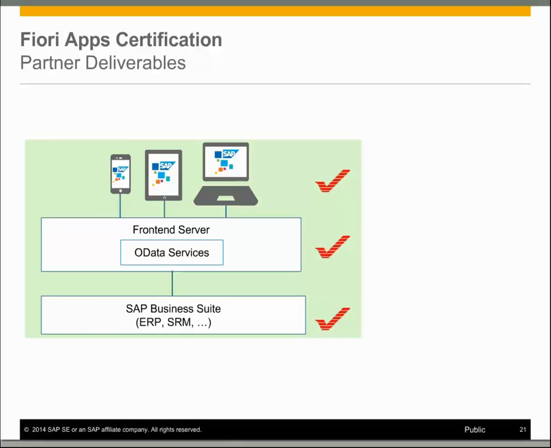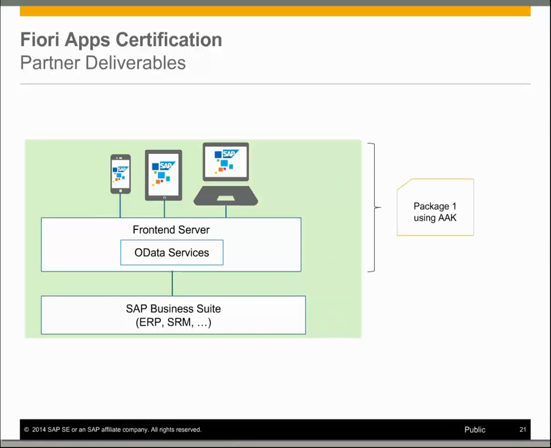So these are in the scope of certification. So you will have to deliver your front-end server objects, that is your UI artifacts as well as OData services. And if you're developing and delivering custom business suite functionality, then you will have to deliver that as well as part of your Fiori app.